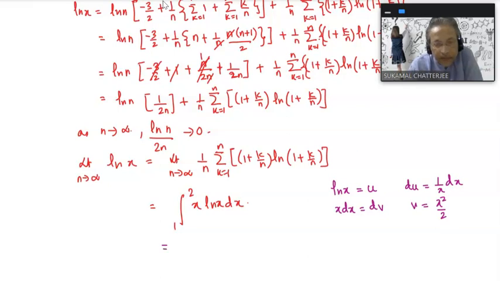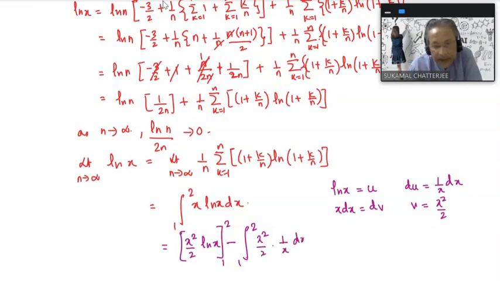So integrating by parts, you get u into v, which means ln x into x square by 2, from 1 to 2, minus the integral from 1 to 2 of v du. So x square by 2 into 1 by x dx.